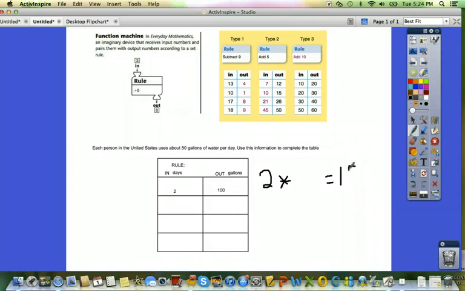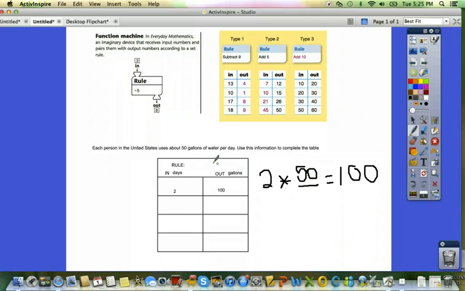And I know that 2 times something equals 100. Well, I know what that something is because my math message already told me if I just read it again. Each person in the United States uses about 50 gallons of water per day. So in 2 days, how many gallons of water might you use? Well, 2 times 50 equals 100.